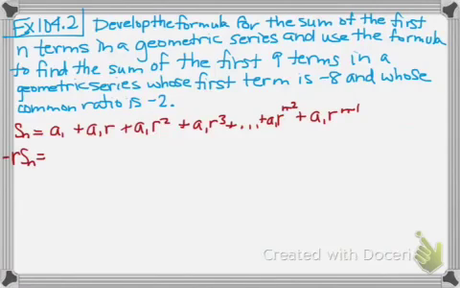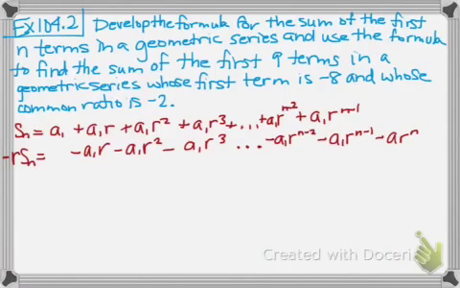And then we're going to multiply that by essentially a negative r. So we end up with minus a sub 1 r minus a sub 1 r squared minus a sub 1 r cubed, and we go all the way till we get to minus a sub 1 r to the n.